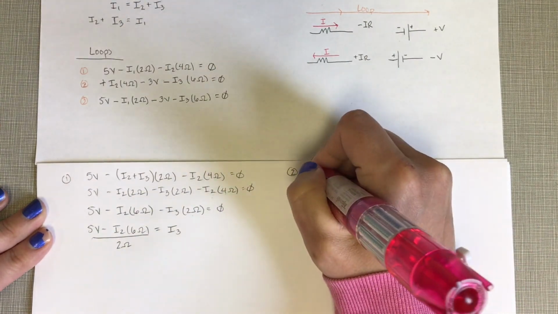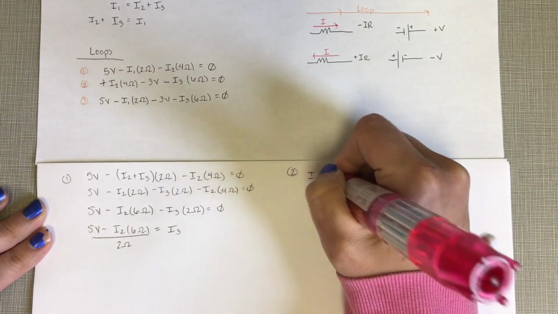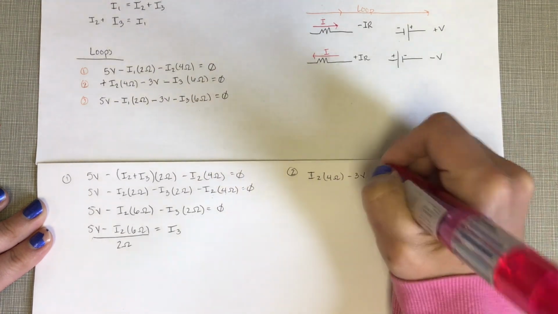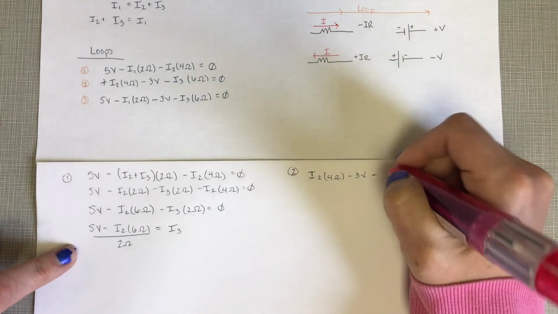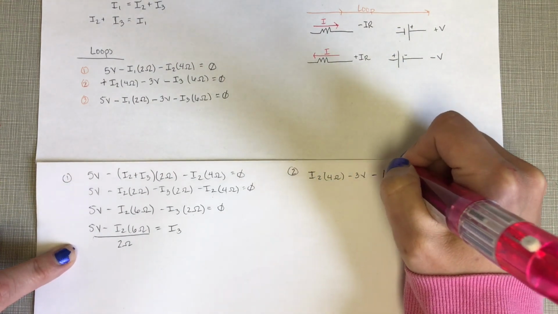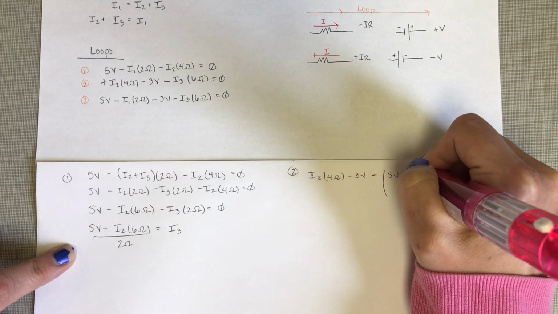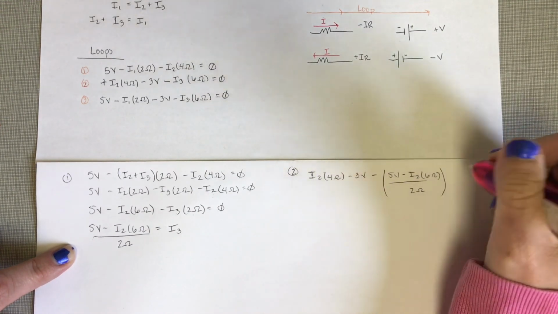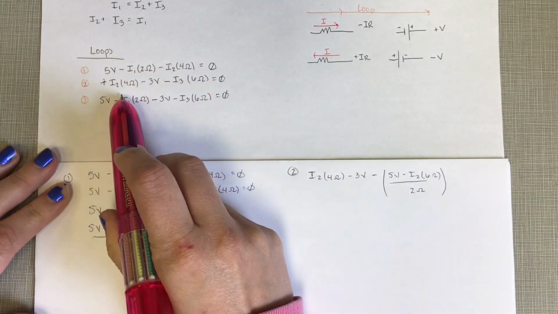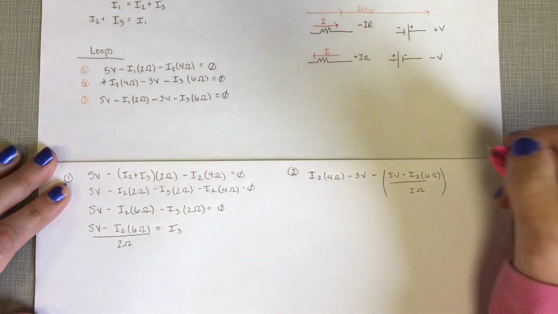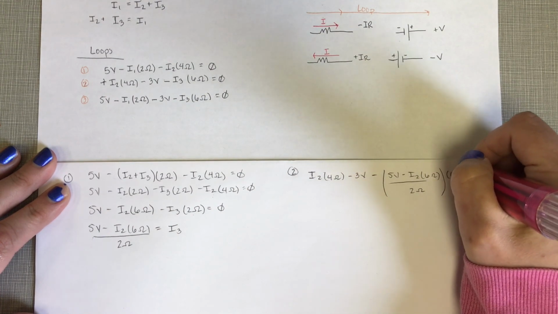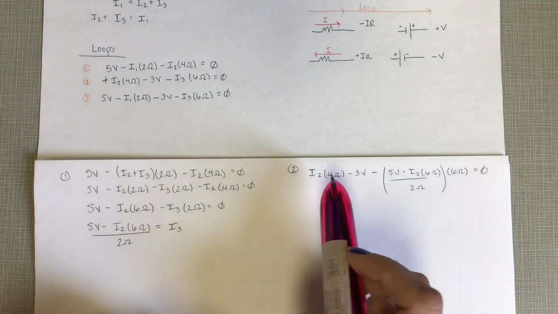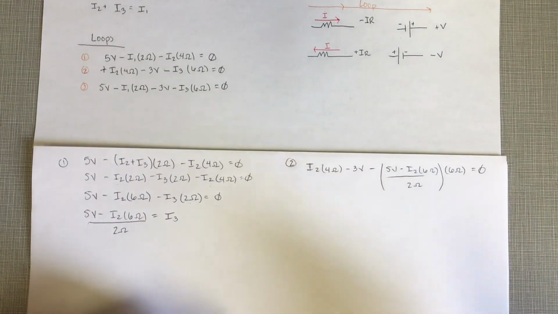So now I have I2 times 4 ohms minus 3 volts minus I3, which is 5 volts minus I2 times 6 ohms over 2 ohms, times 6 ohms is equal to 0. But now everything is in terms of I2, so I can solve this one for I2.